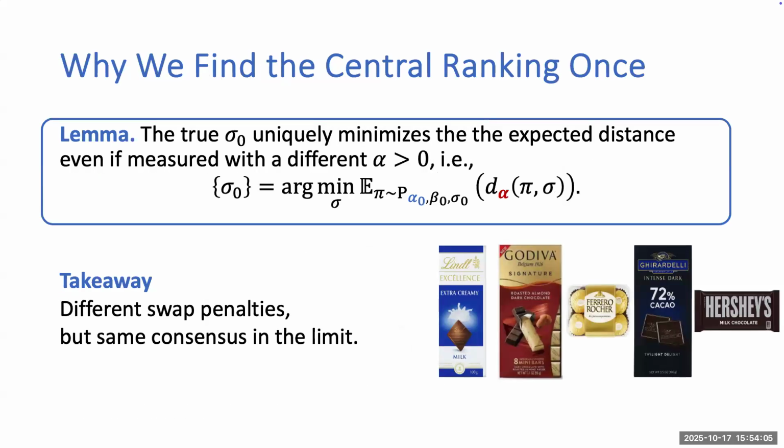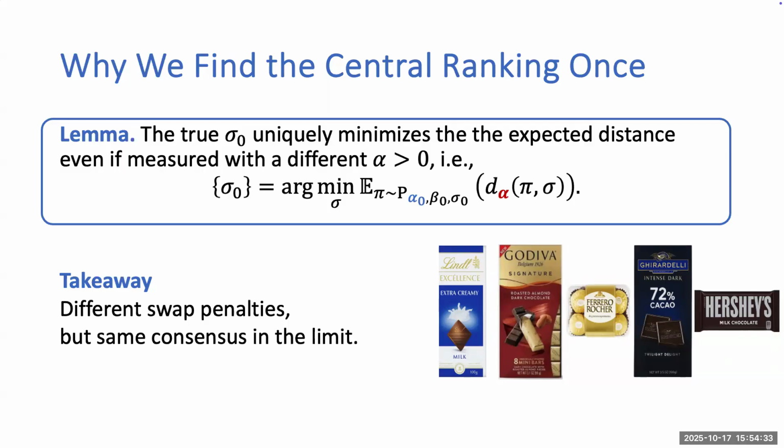Let's say I have guessed the alpha wrong. My permutations come from alpha 0, beta 0, sigma 0, but I've guessed some wrong alpha here. If I want to minimize the distances with respect to the samples I get, there is only one minimizer for this sigma, and that's the true sigma 0.